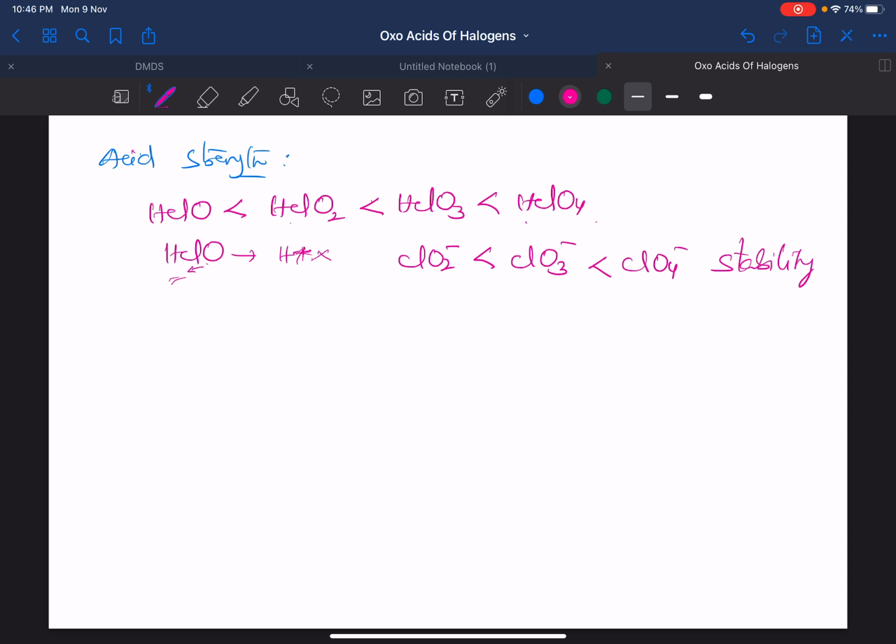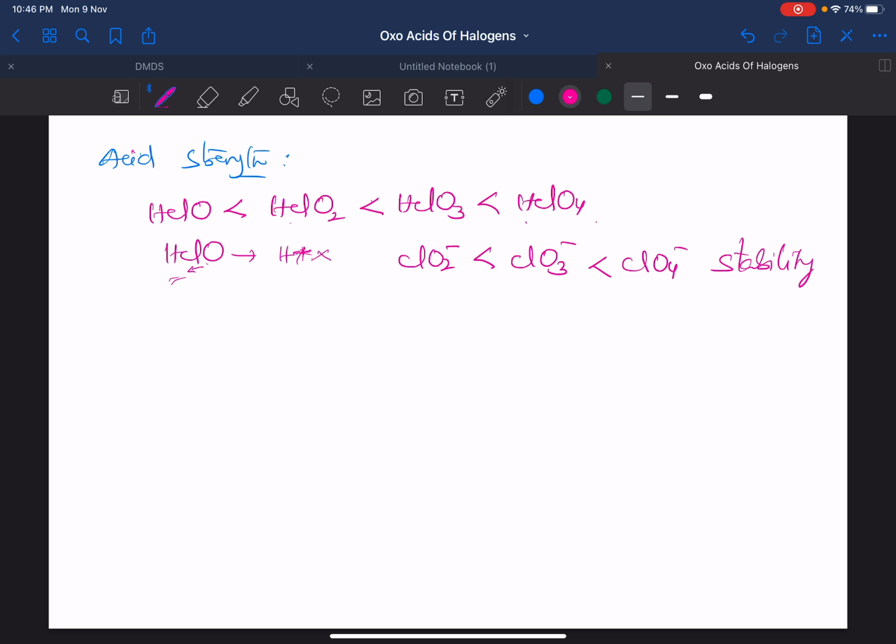When the stability increases, they will readily lose the proton. So the acid strength gradually increases from hypochlorous acid to chloric acid and then perchloric acid.